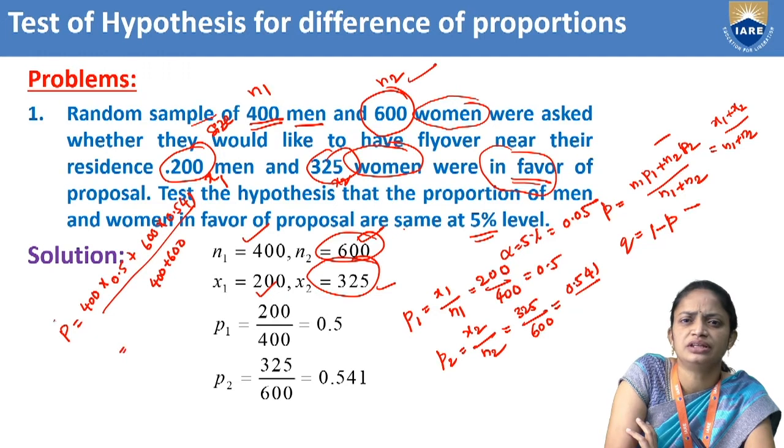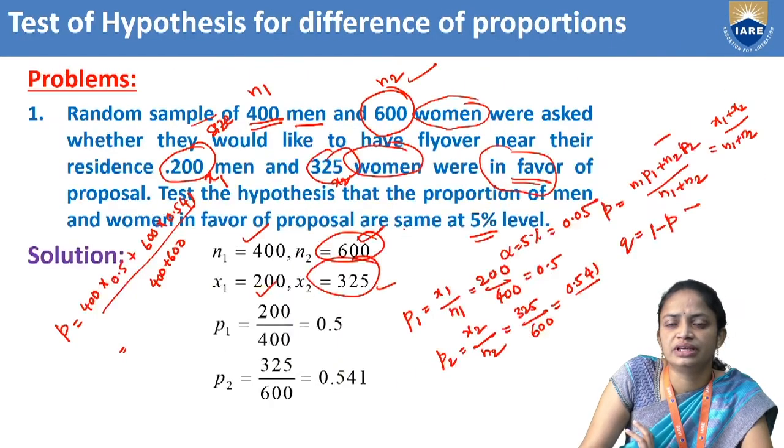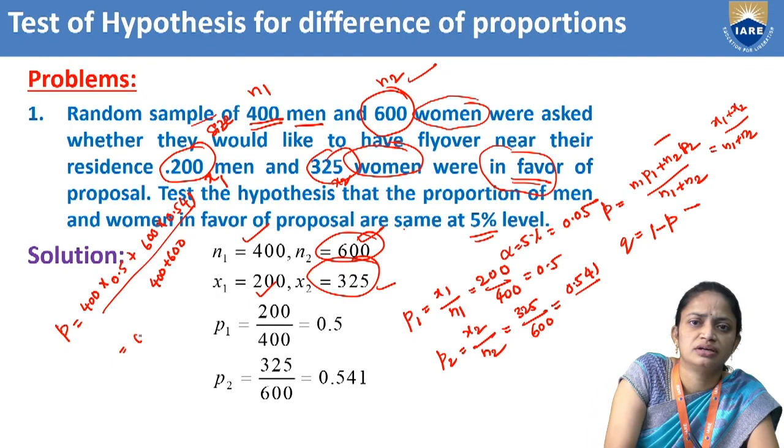If you calculate this value, we will get 0.525. That is the small p value.